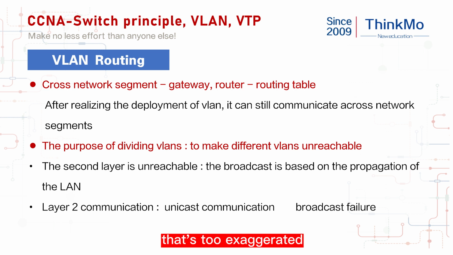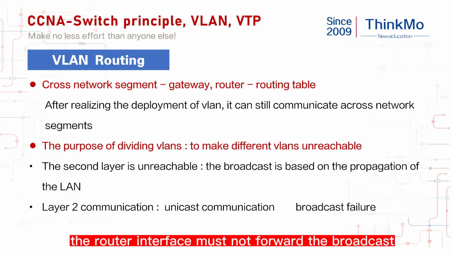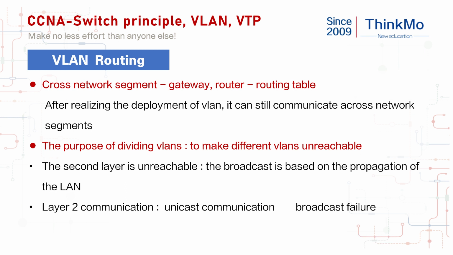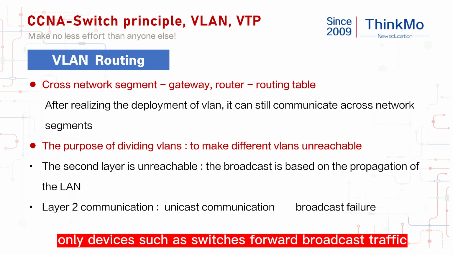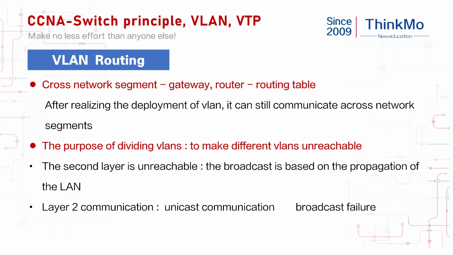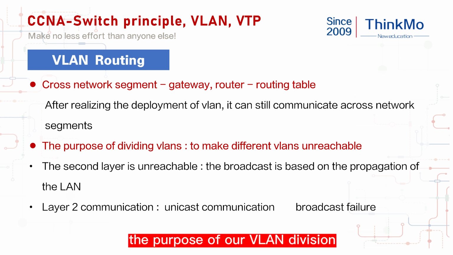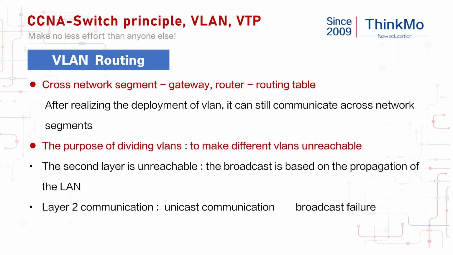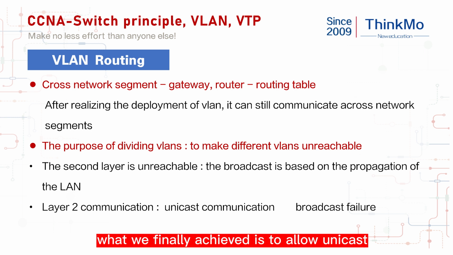That's too exaggerated. Therefore, the router interface must not forward the broadcast. Only devices such as switches forward broadcast traffic. The purpose of our VLAN division is to make the second layer unreachable, instead of layer 3. What we finally achieved is to allow unicast, but the broadcast is not working.